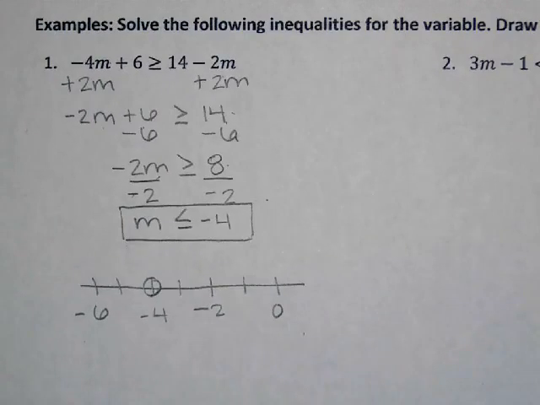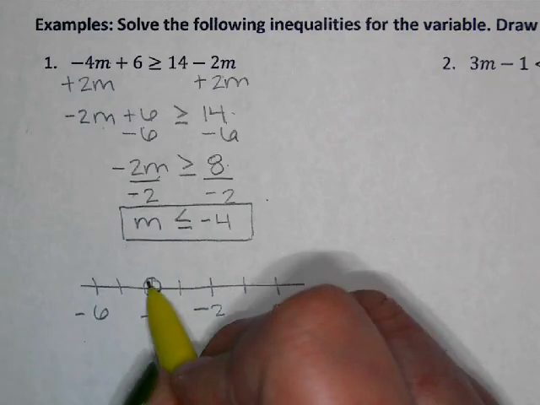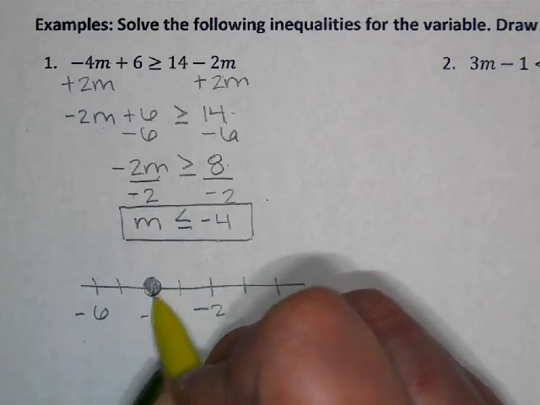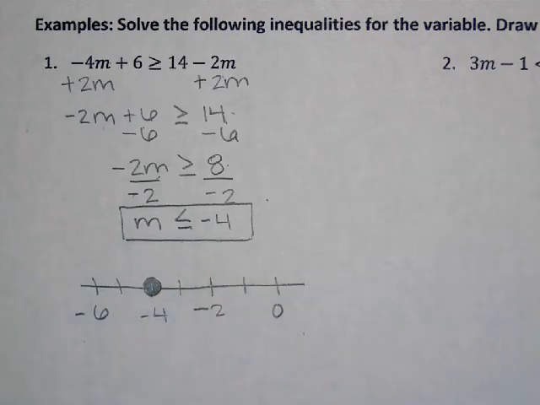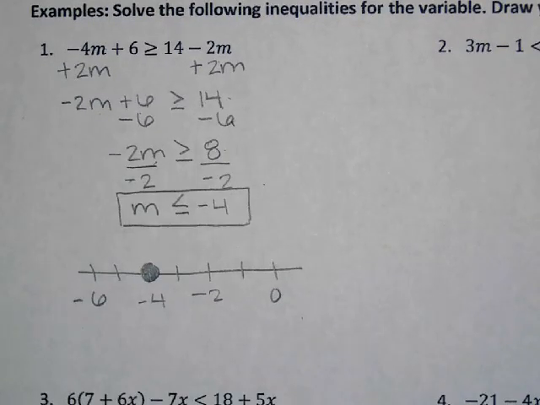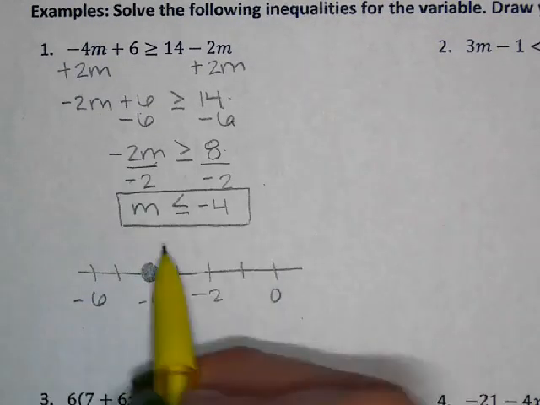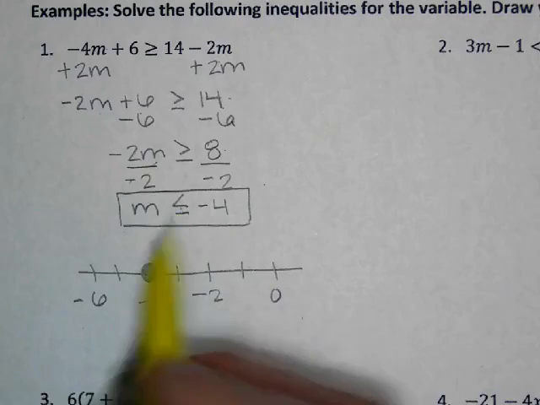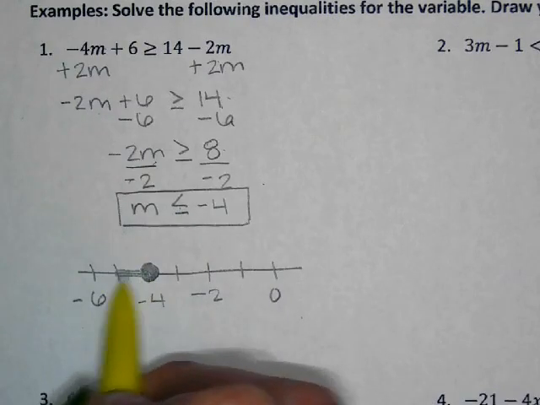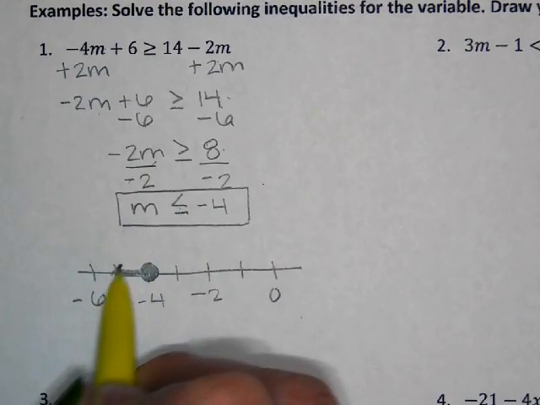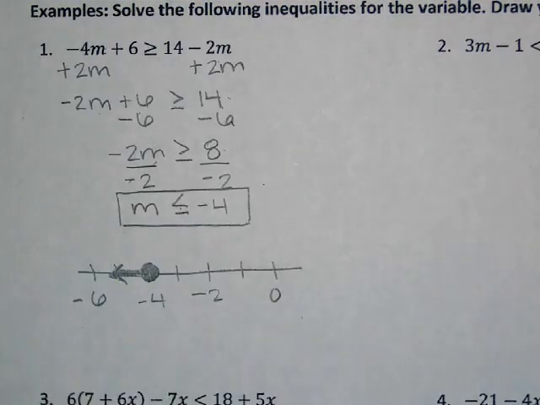Fill it in, so it has an equal to, so I need to fill in that circle. And then which way should my arrow go? To the left. M is less than or equal to negative 4. It's the numbers that are smaller than negative 4, more negative than negative 4.